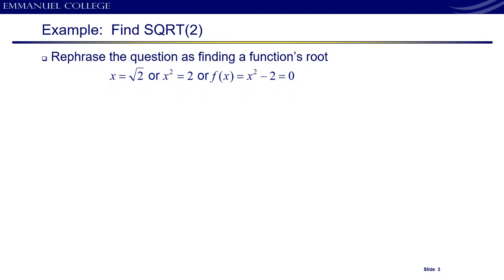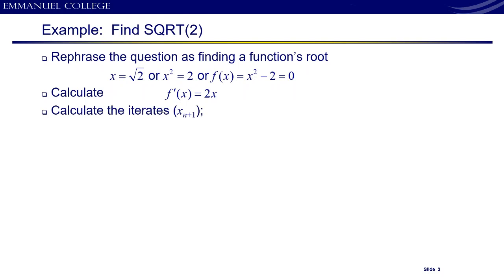But now you have an idea that provides you with a different way to approach it. So then find the derivative. So f prime of x is clearly 2x if we're taking the derivative of x squared. And then we say these are the iterates because you're iterating the function over and over again for the previous problem.